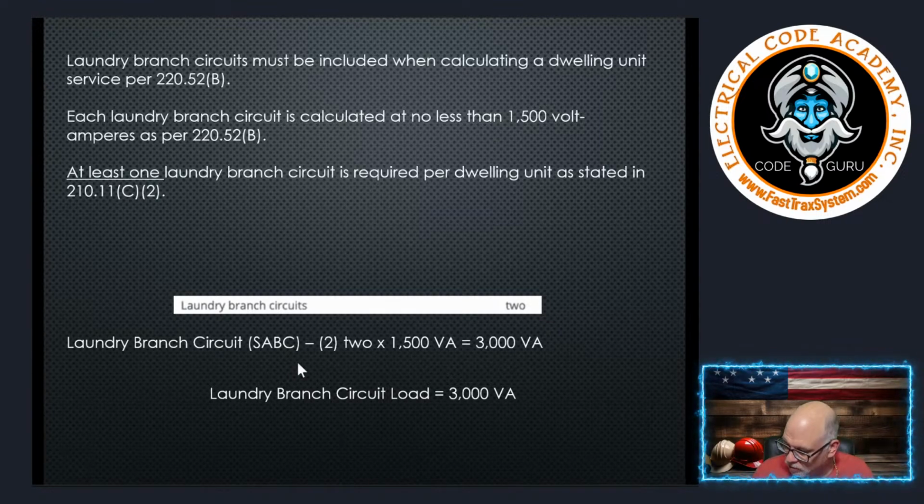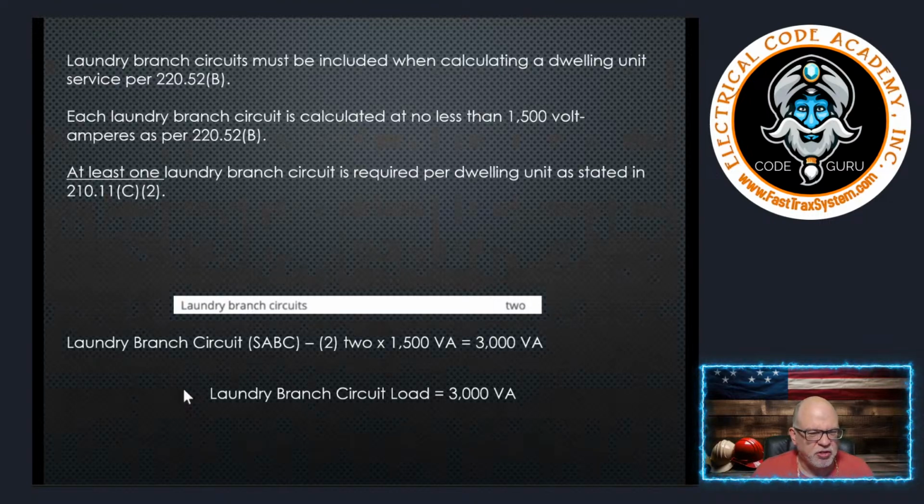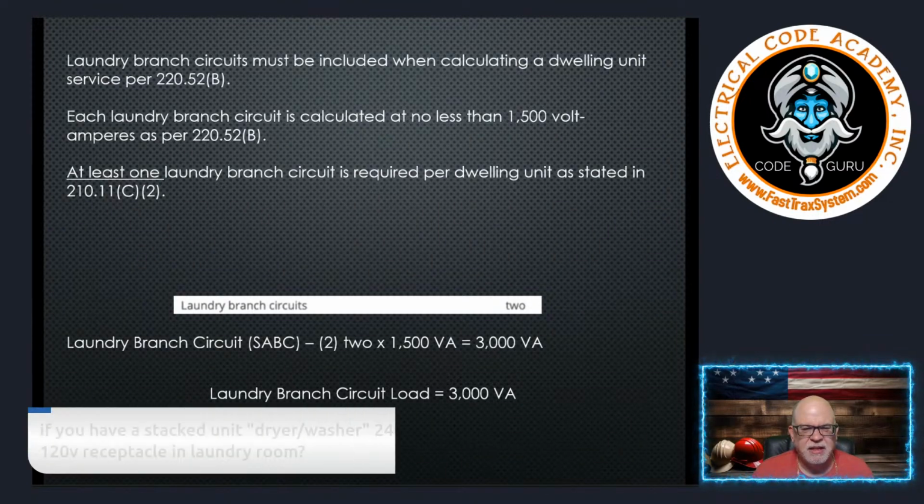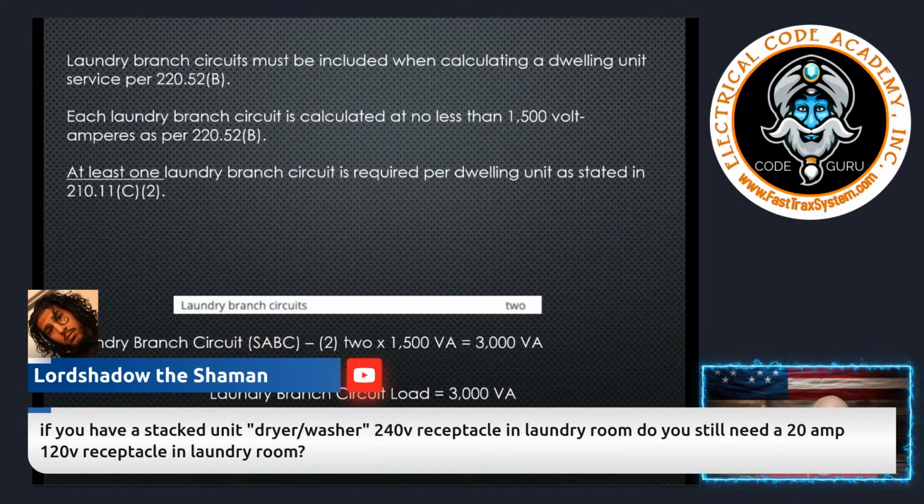We have a good question that came up: if you have a stack unit, remember, dryers are not required. The laundry circuit is required, so you're still required to have the laundry circuit at 20 ampere regardless.